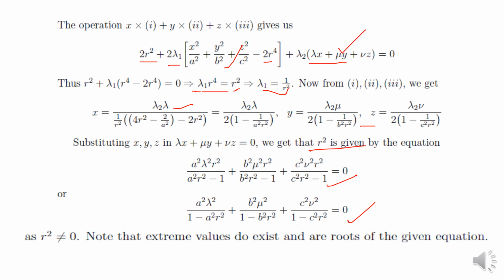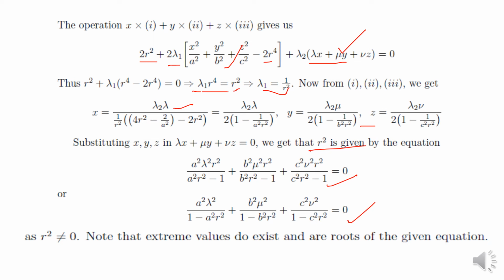So that is r to the power 4, which is 4r cube dr. Now for maxima minima, again we have to put dr as 0. So from here also we put dr as 0. It gives x upon a square dx plus y upon b square dy plus z upon c square dz is equal to 0. And the third equation, the plane equation, also we differentiate. So that gives lambda dx plus mu dy plus nu dz is equal to 0.